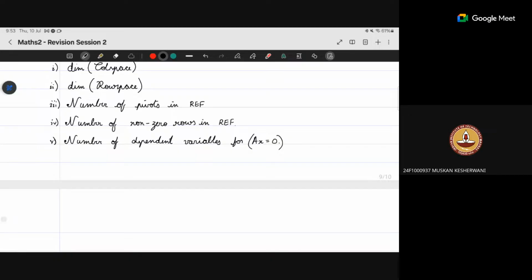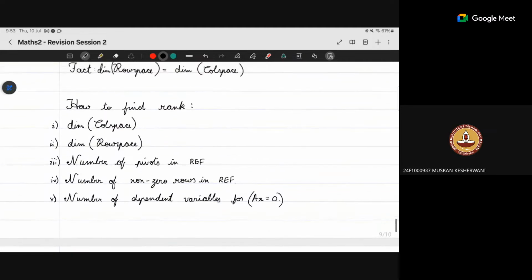All of them are the same, and that is equal to the rank of the matrix.